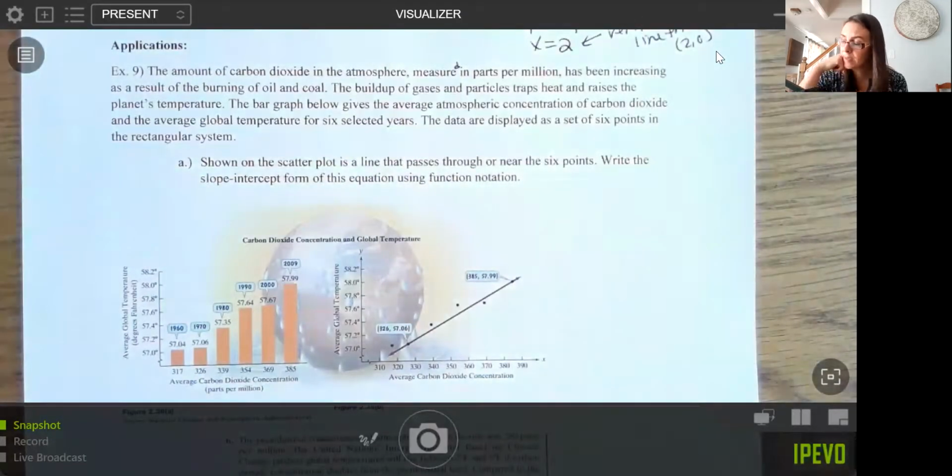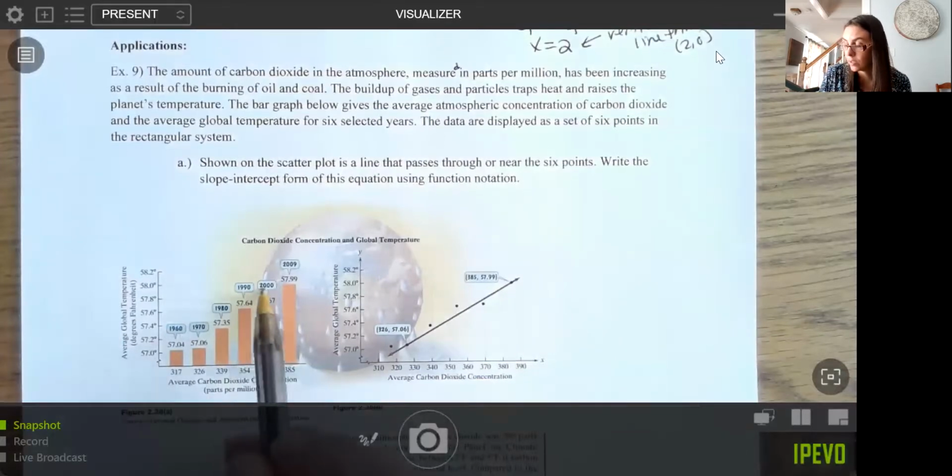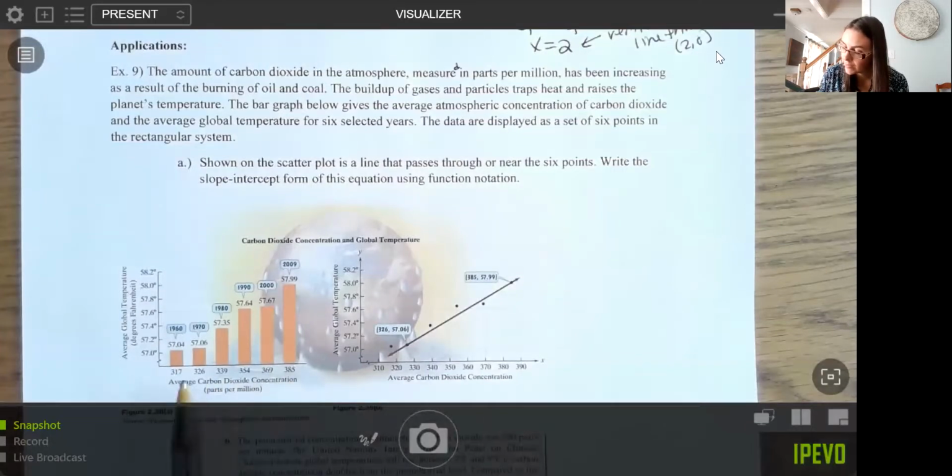The buildup of gases and particles traps heat and raises the planet's temperature. So the bar graph below shows the average atmospheric concentration of carbon dioxide and the average global temperature for 6 selected years. So they have 1960, 70, 80, 90, 2000, and then 2009. So here you have the carbon dioxide concentration in parts per million, and then here you have your global temperature.